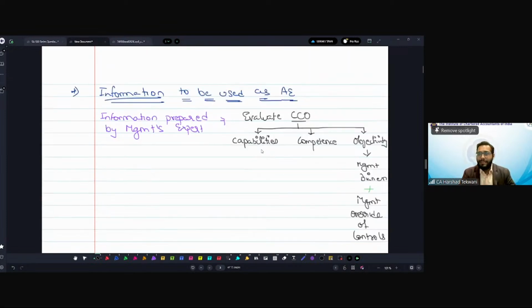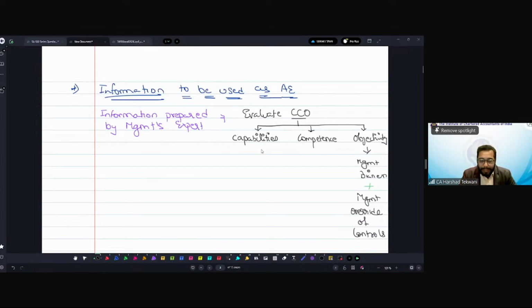I'll give you one simple example. Let's say you are not an auditor, but you are doing certification work as a chartered accountant, a certification assignment for a particular company. Now management comes to you and says, do not certify in this way, but certify on this number.